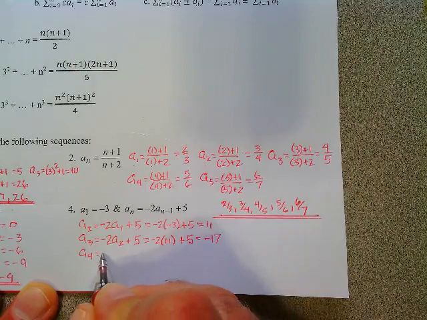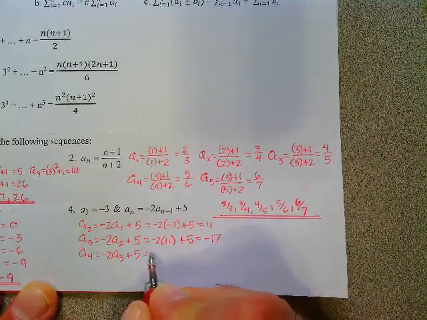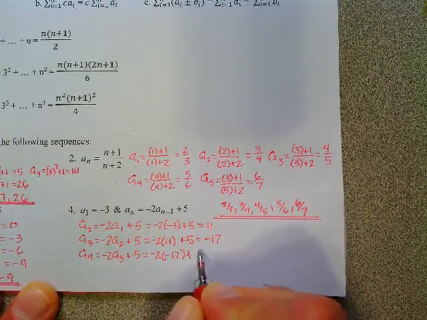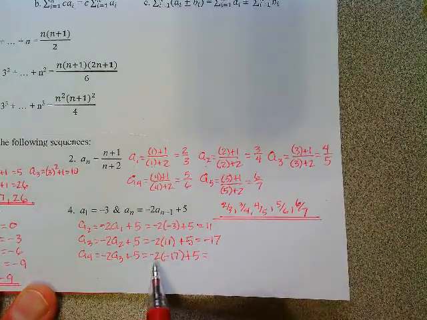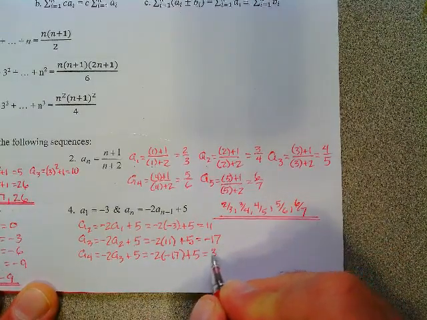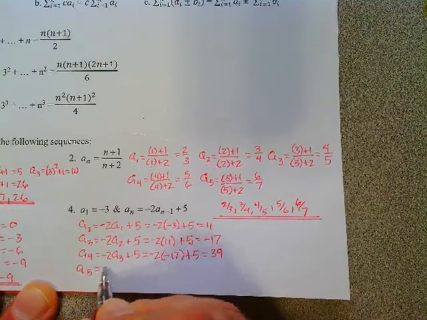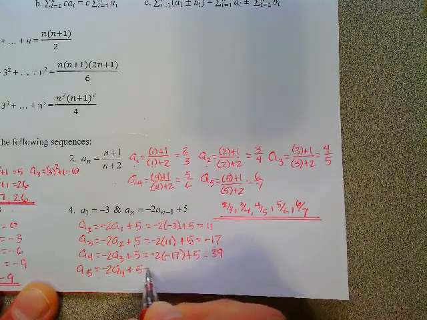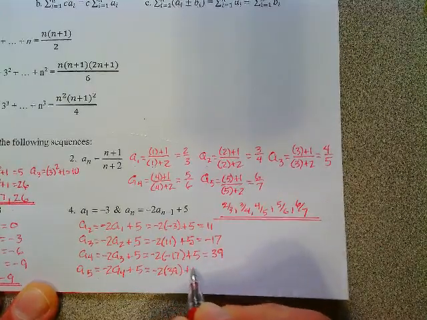a4 is negative 2 times a3 plus 5. So now I have negative 2 times negative 17 plus 5. So again, 2 negatives positive. 2 times 17 is 34. 34 and 5 is 39. And then a5 will be negative 2 times a4 plus 5 equals negative 2 times 39 plus 5.